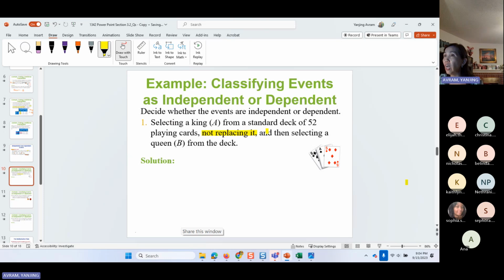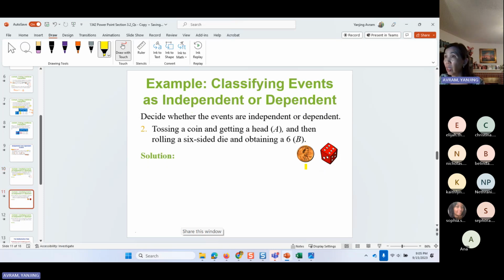Well, if you choose the card and do not replace it, and then select the queen, of course this is dependent. Think about it: if I select the king from the 52 playing cards, not replacing it, and then select a queen from the deck, you affect the probability of choosing the queen because you have one card less already. So this is a dependent event. It affects the outcome.